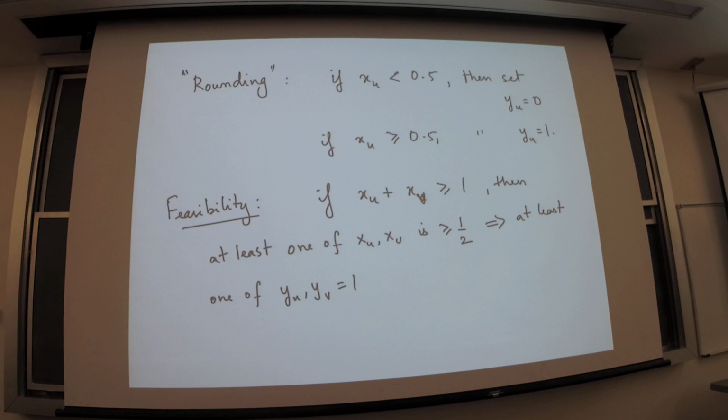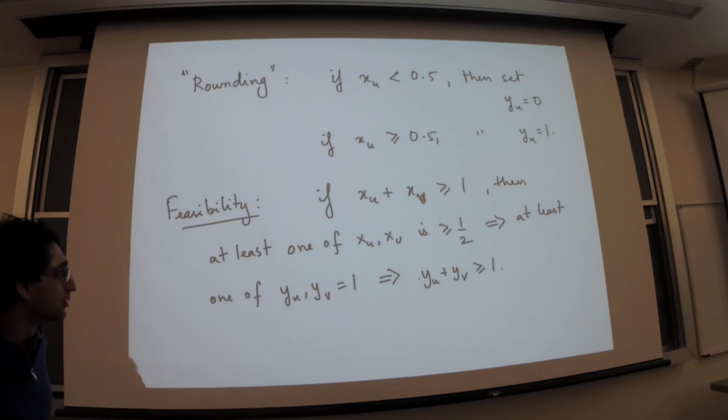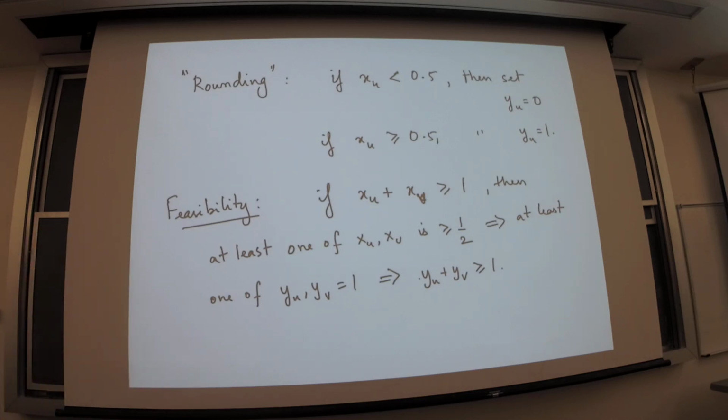And that's it, right? So which means that yu plus yv is at least 1. Okay, so y also satisfies the constraints. Okay, so this is nice. So it shows that the rounding that you do like that always remains feasible.